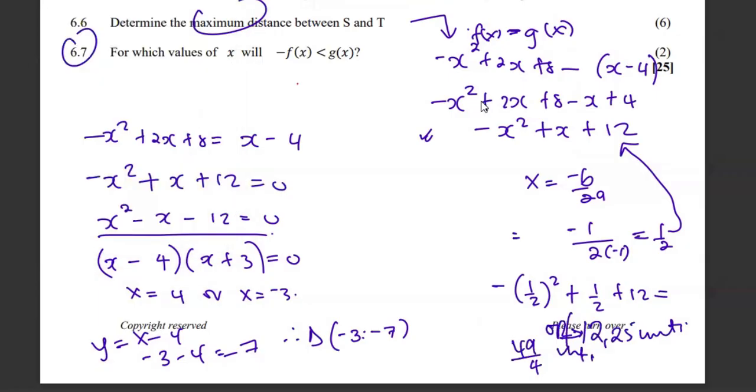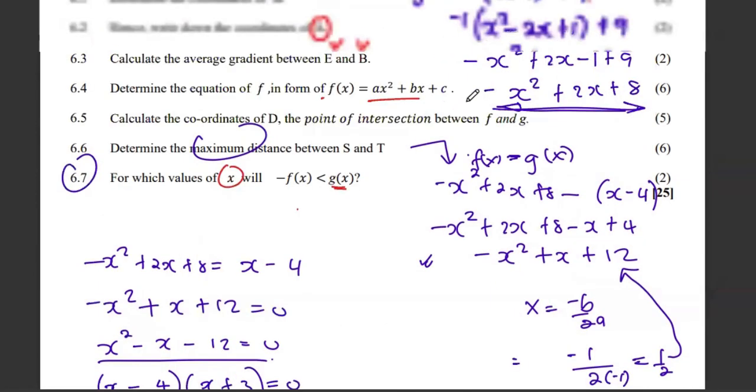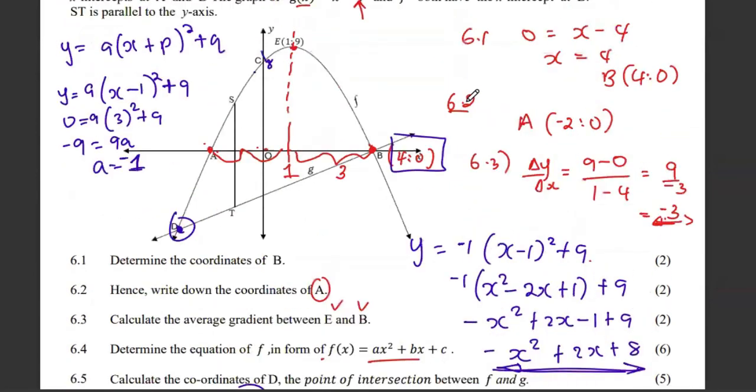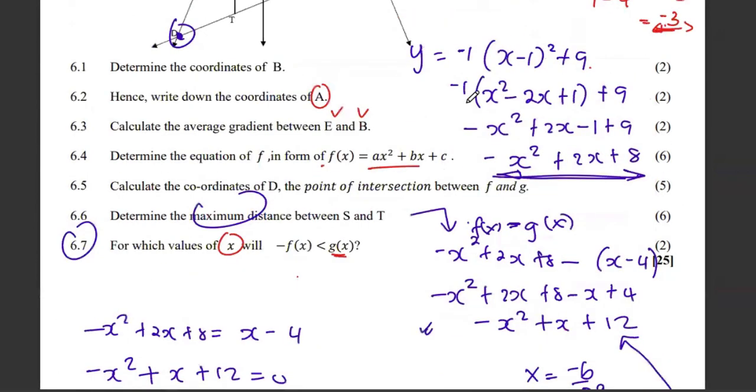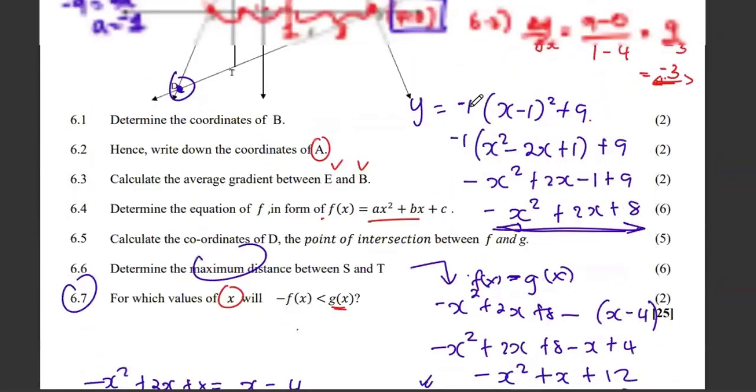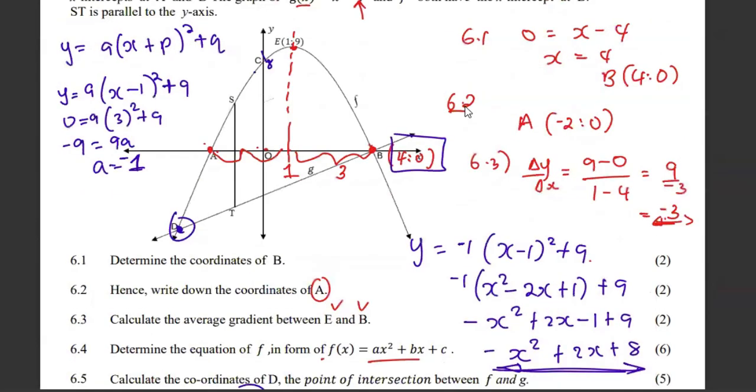6.7. For which values of x will negative f of x be less than g of x? When we talk of a negative f of x, it's like the f being flipped around, because that's now the negative after the reflection.